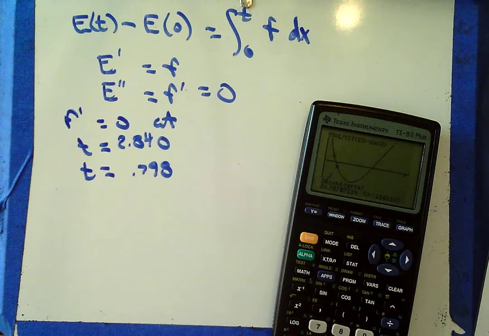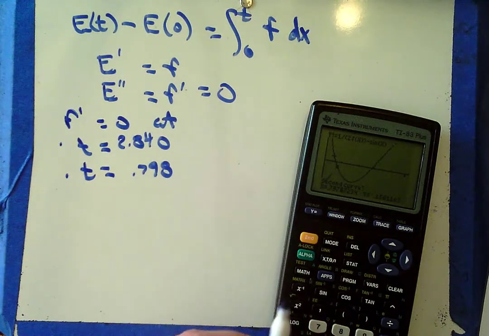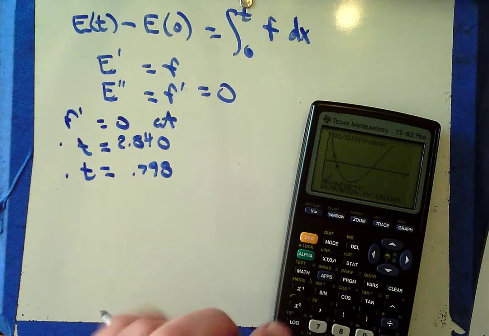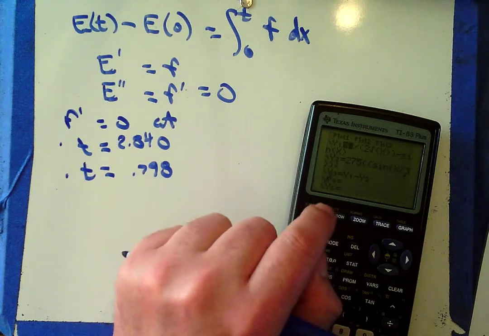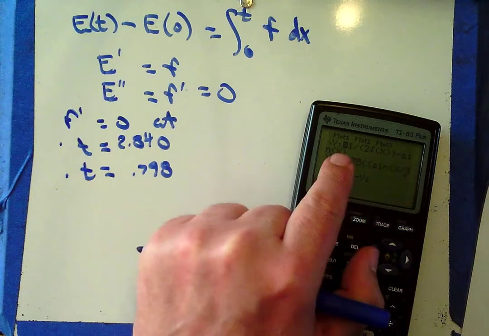Whoa, those are very different times than the times in my notes. I got this one, but not that one. That's very interesting. I'm just going to check that again. My function, 1 over 2 square root minus sine.